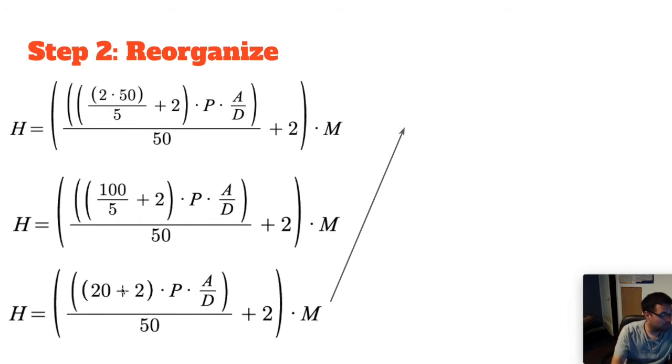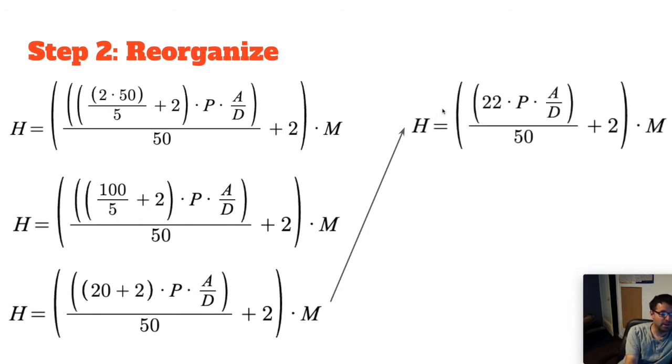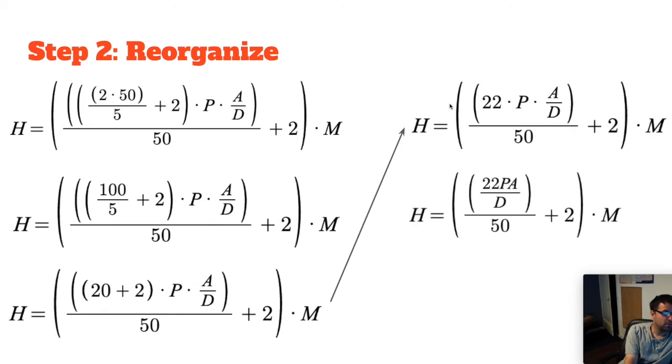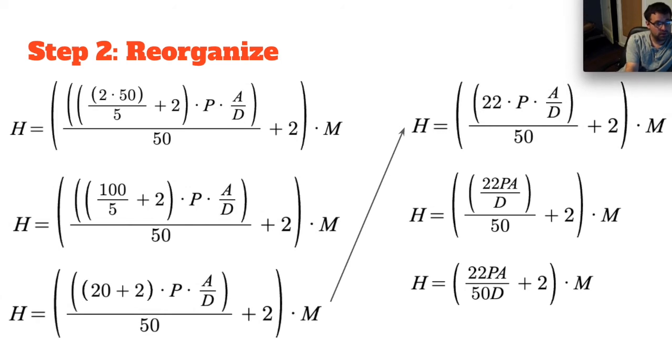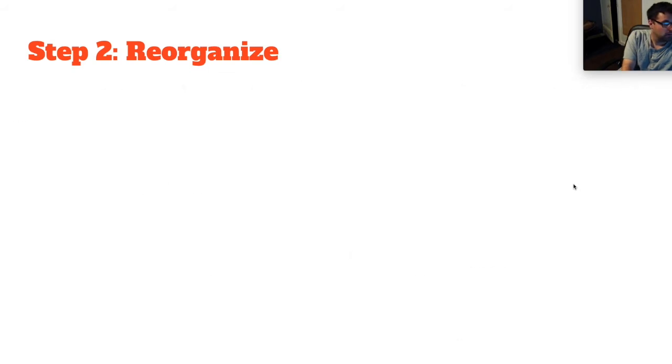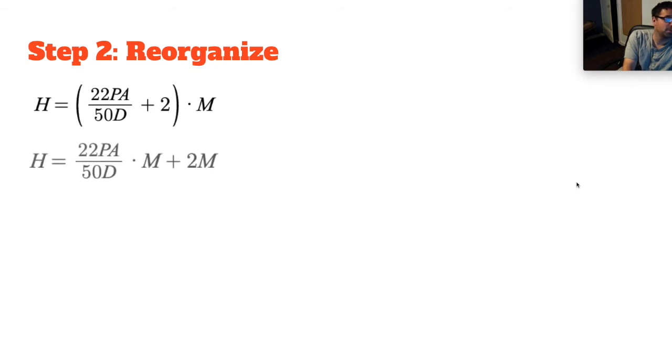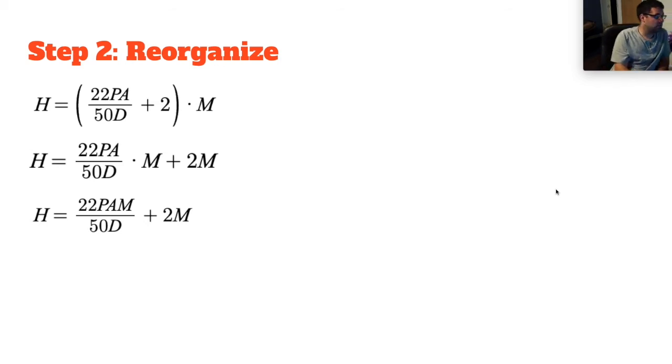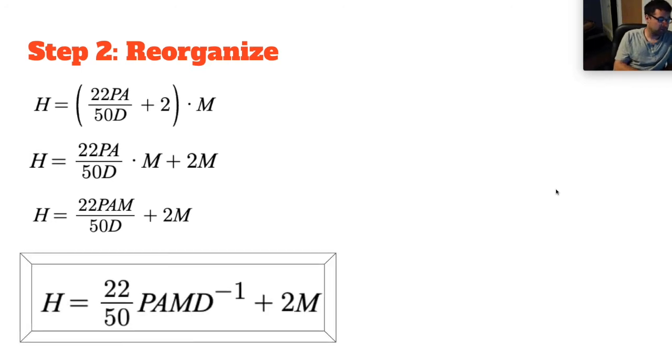Alright, so we've got 20 plus 2 is 22 times P times A over D, where we get 22 PA over D over 50 plus 2 times M. There we go, PA over 50D, once we keep change flip, plus 2 times M. Then we distribute the M to both sides, use our multiplying fraction rules to get that M up top in the fraction, and we can also isolate the coefficients together.